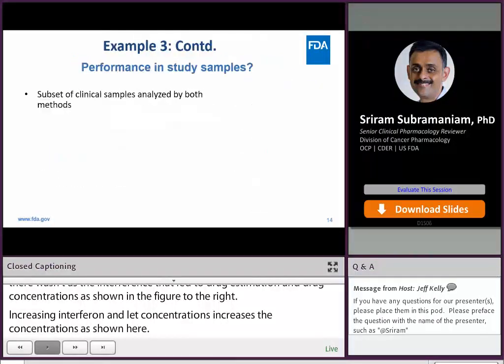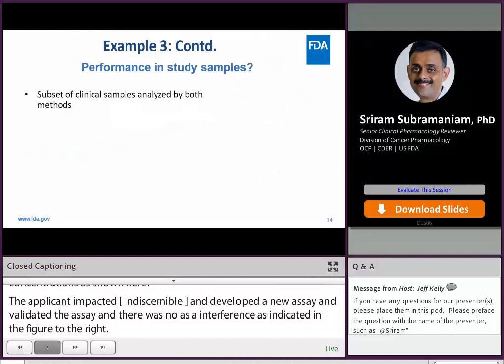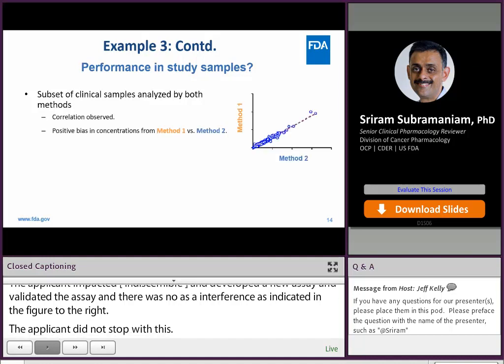The applicant did not stop with this. They compared the concentration of a subset of study samples between the two methods and found that method 1 consistently overestimated the drug concentrations, confirming the results of the earlier investigation that we saw in the previous slide.